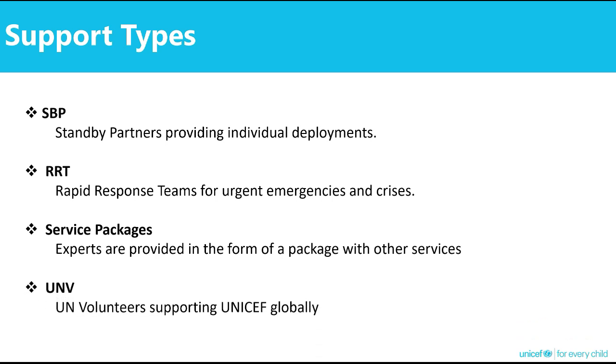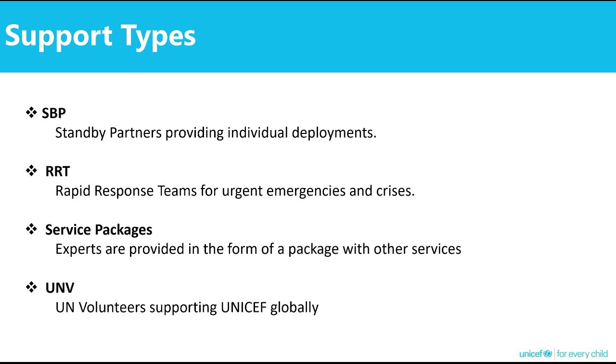And finally, UNVs, UN volunteers. These are individuals who contribute their time and skills to support UNICEF's work through UN volunteers mechanism. All of these support types are important. Each support type plays a key role in helping UNICEF to respond effectively to evolving needs.